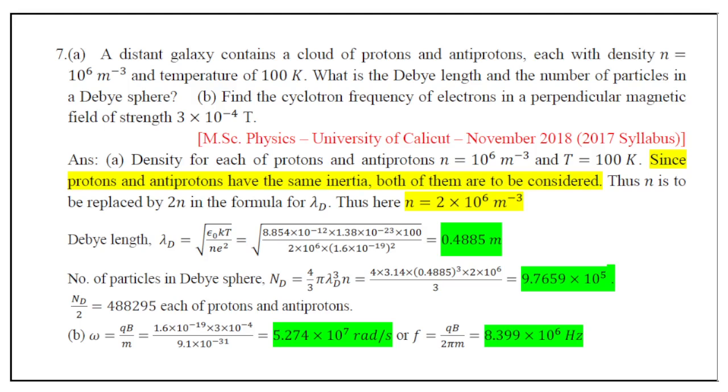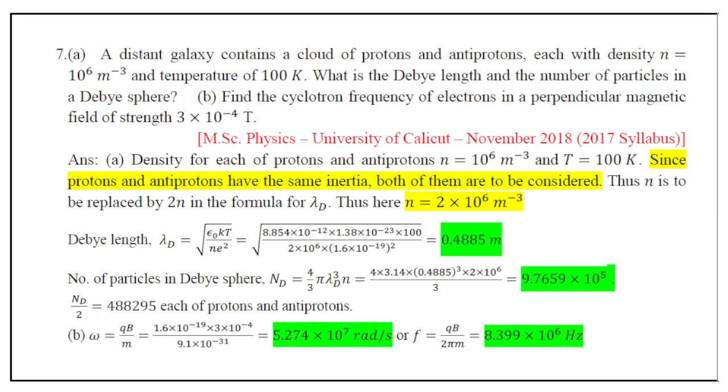Thus here n is equal to double the number of protons or double the number of antiprotons. They will be same because plasma is quasi-neutral. So n will be equal to 2 × 10^6 per meter cube. 10^6 per meter cube is the number density for protons or antiprotons. So together the n is 2 × 10^6 per meter cube.